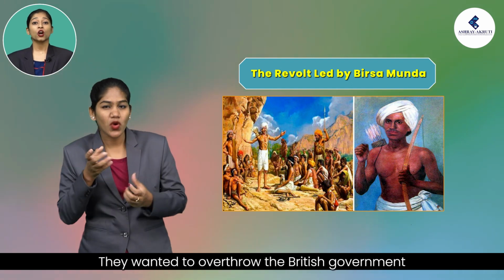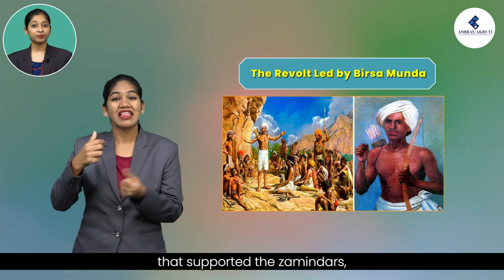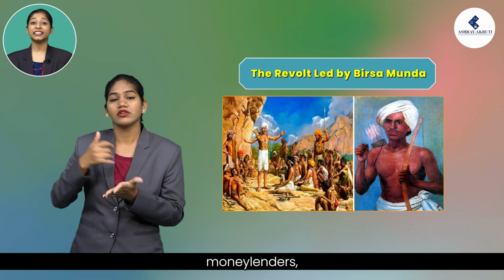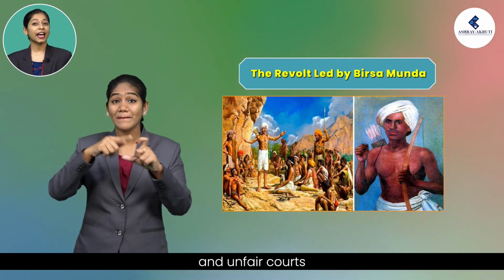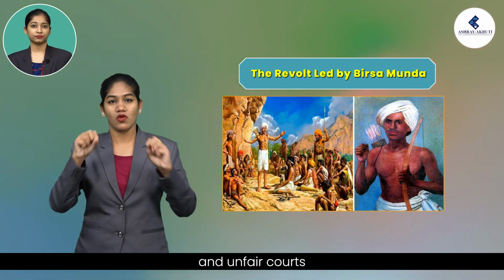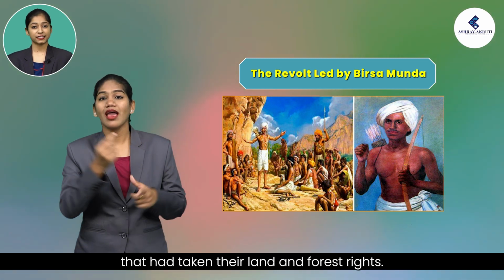They wanted to overthrow the British government that supported the zamindars, moneylenders, and unfair courts that had taken their land and forest rights.